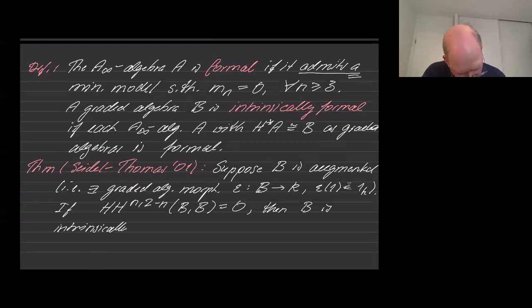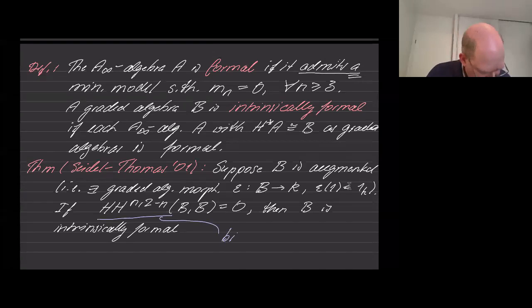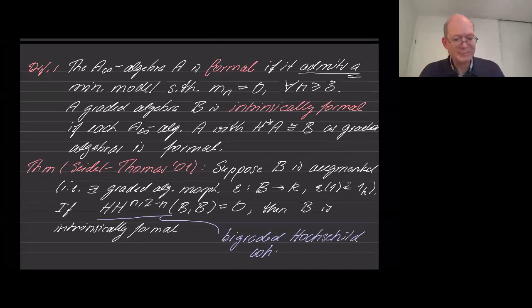Yes. And so here these spaces are bigraded Hochschild cohomology spaces. And since B is graded, Hochschild cohomology becomes bigraded. The total degree is 2, which is quite natural.